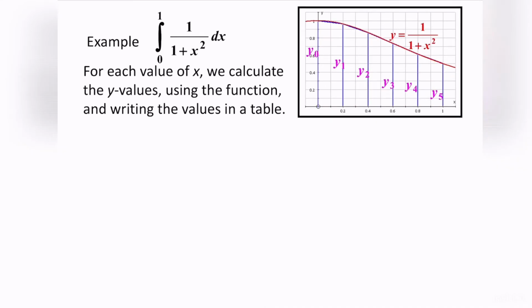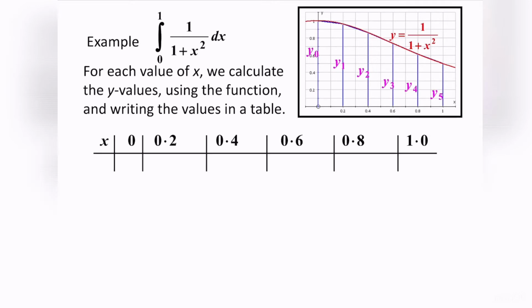So for each value of x, we calculate the y value using the function and write the value in a table. So usually the best way to do it is using this table. You put the values of x to find the values of y. How to find the values of y? You substitute in the equation of the question. Like y here is 1 over 1 plus x squared.